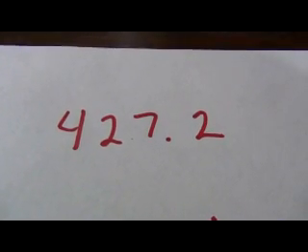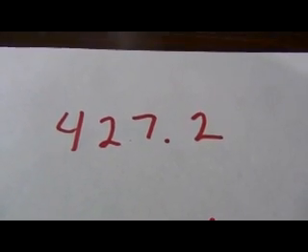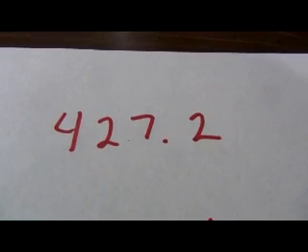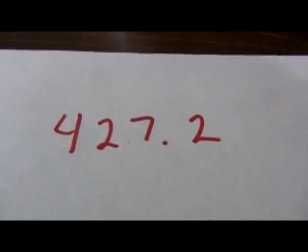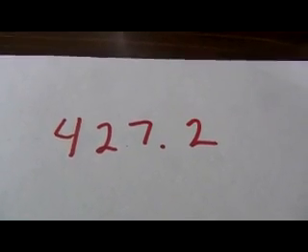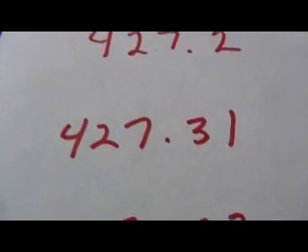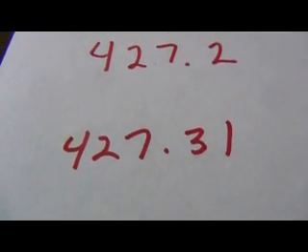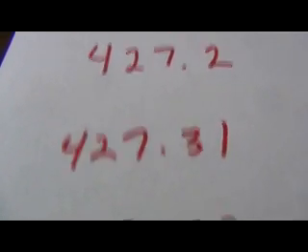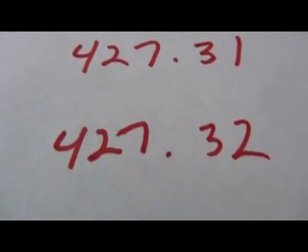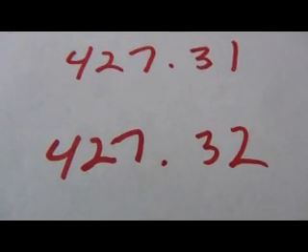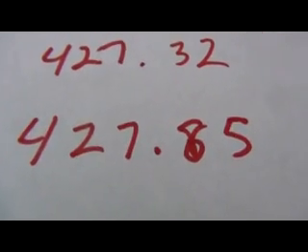All right, so 427.2, paroxysmal tachycardia, NOS, must be stated as paroxysmal. 427.31, atrial fibrillation. Then 427.32, atrial flutter. And 427.